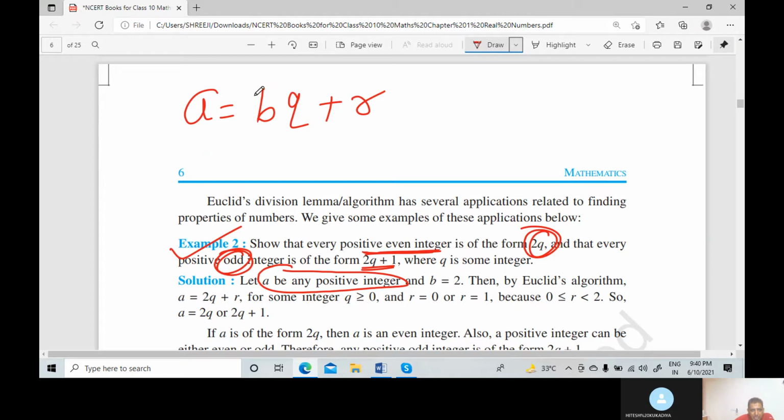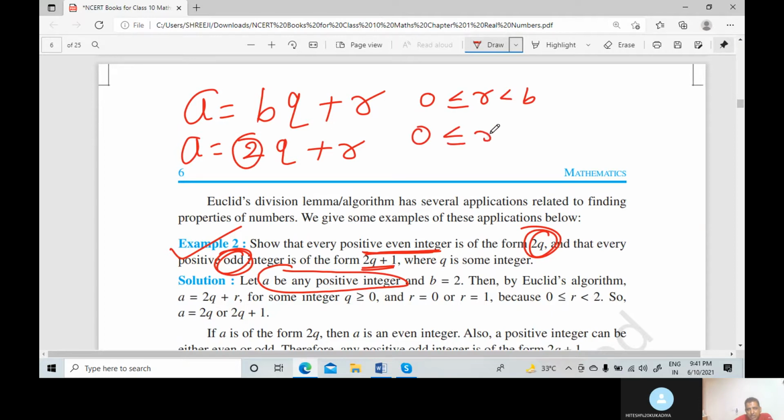So place here b equal to 2. So a equals 2q plus r. Our condition in Euclid division lemma is 0 less than or equal to r less than b. The remainder is always smaller than b. Here b equal to 2, so 0 less than or equal to r less than 2. So we take r equal to 0 and only 1, because r is smaller than 2.